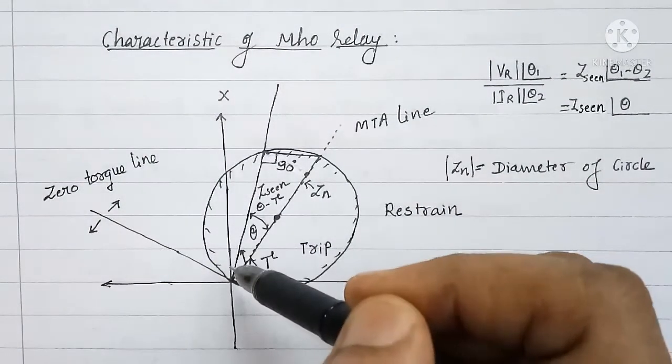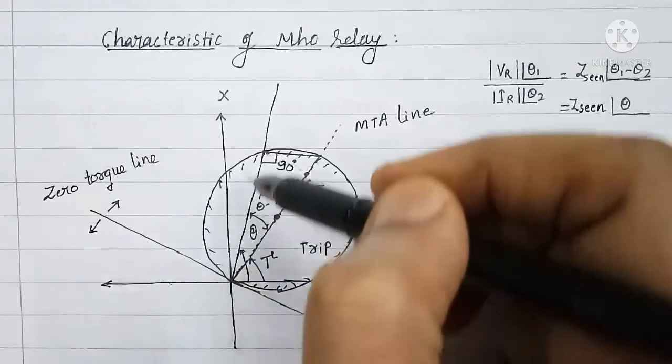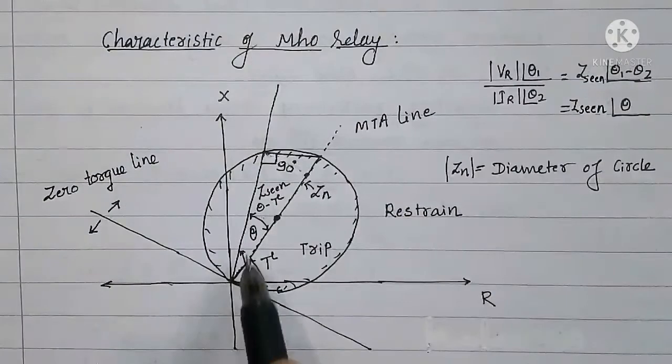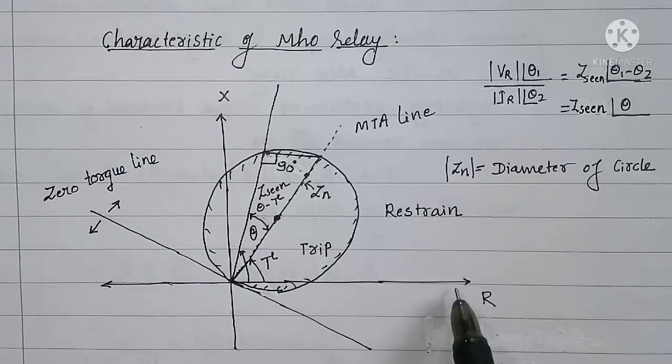Say we measure Z seen along the line shown here. This Z seen makes an angle of theta with resistance axis.